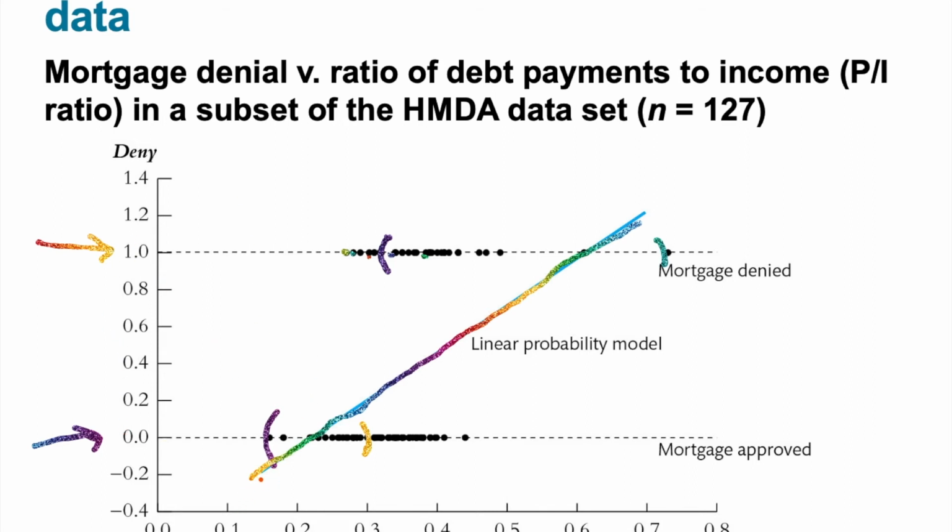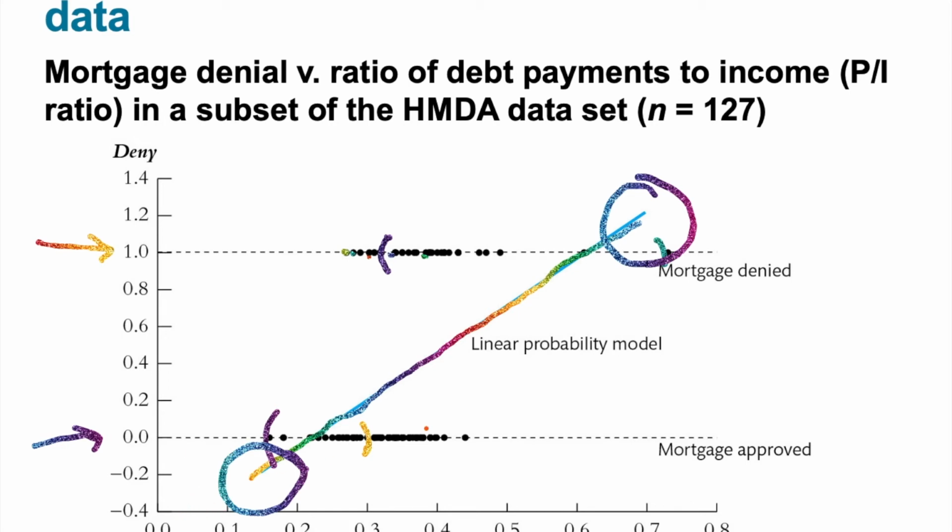The tricky thing is that for low payment to income ratios, we may be predicting negative probabilities, and for high payment to income ratios, we may be predicting probabilities above 1, which are infeasible. So this linear probability model has some caveats.